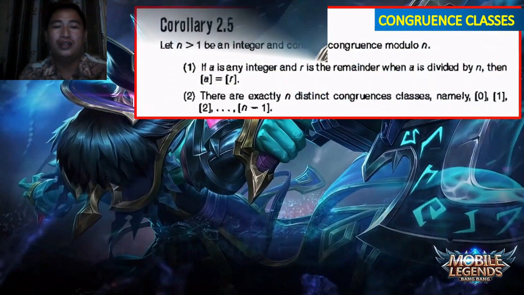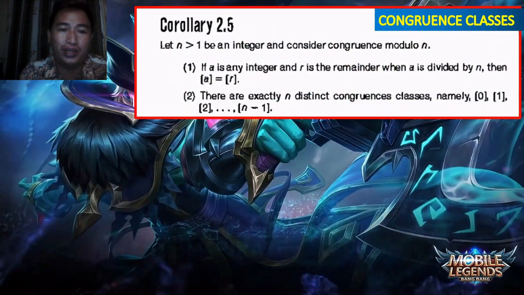Next, Corollary 2.5. Let n be greater than or equal to 1, an integer, and consider congruence modulo n.